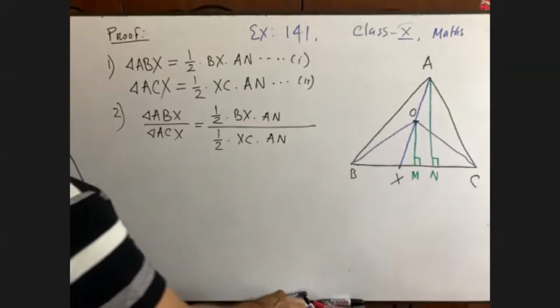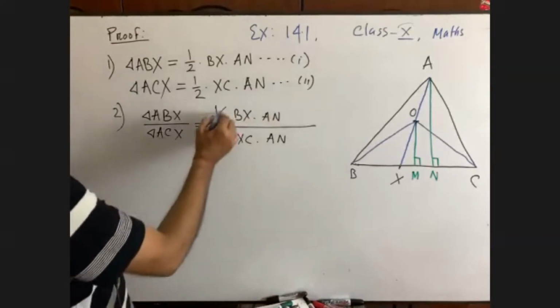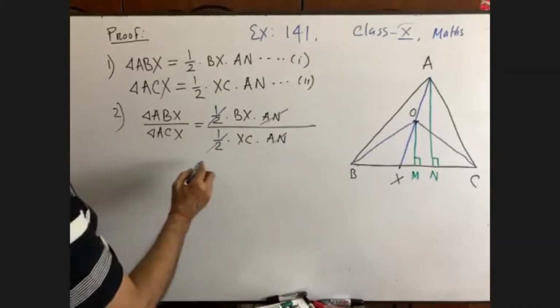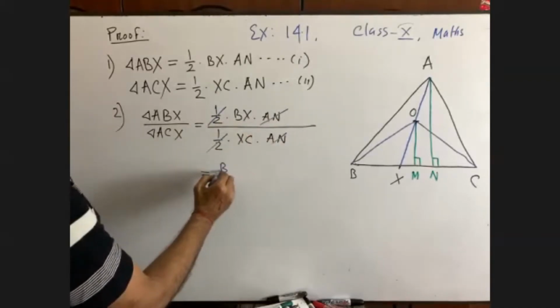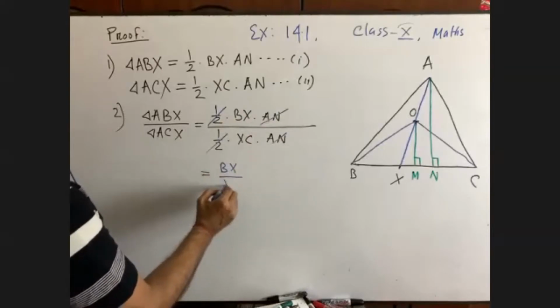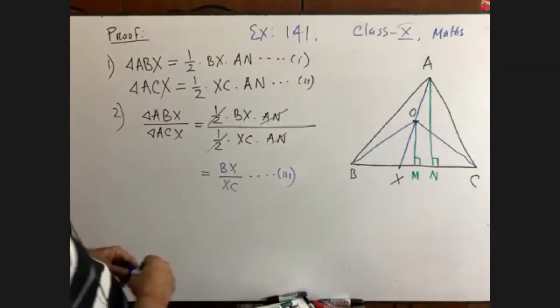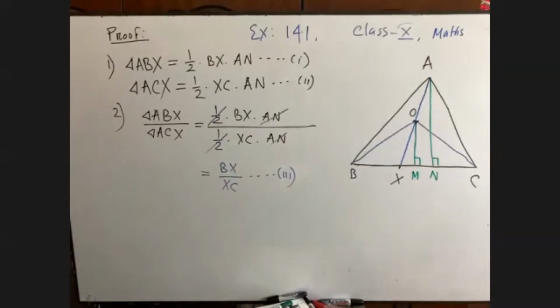So what we are getting here? This half will be omitted, AN will be omitted, right? So actually we are getting here BX by XC. It is equation number 3.